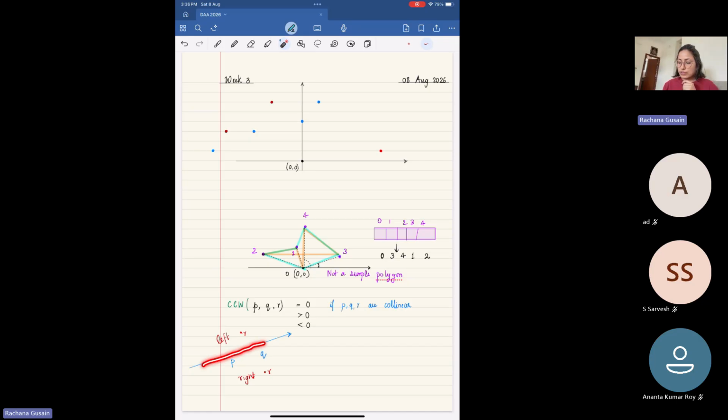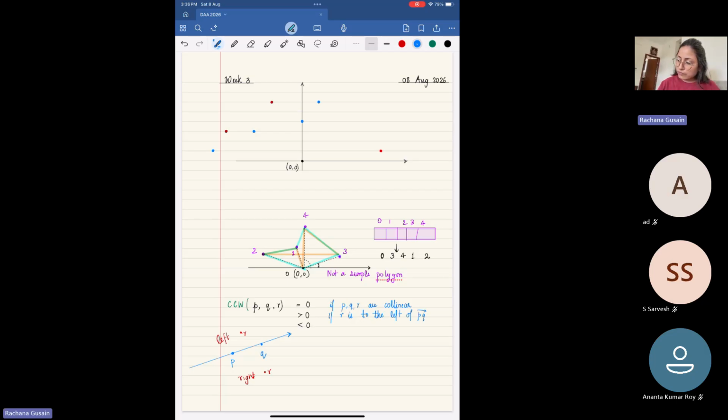So you were moving in this direction, and whether my point R lies to the left or right, the CCW test will return me a value either positive or negative. Greater than 0, we usually use it for the case when R is to the left of PQ.